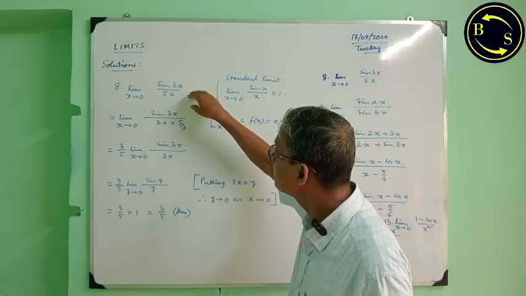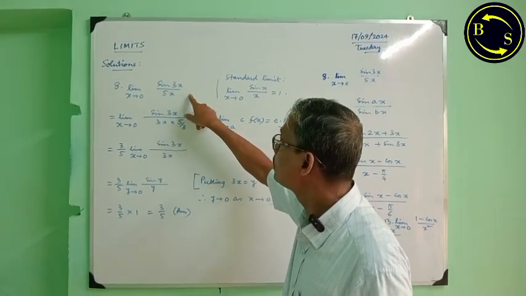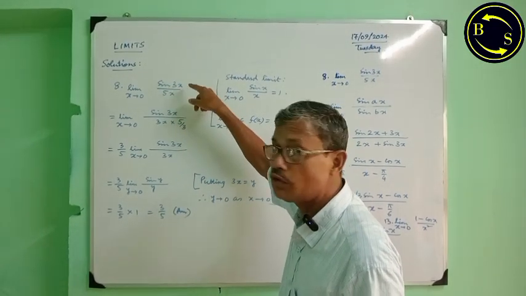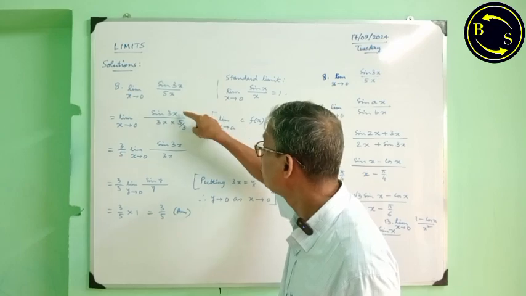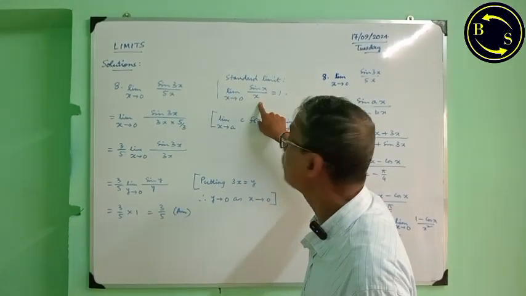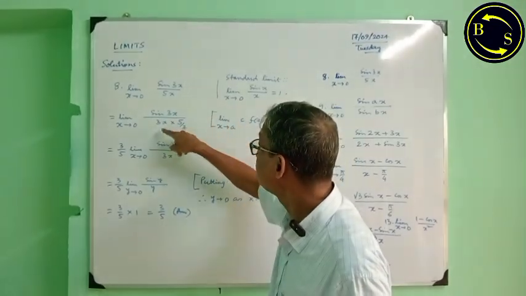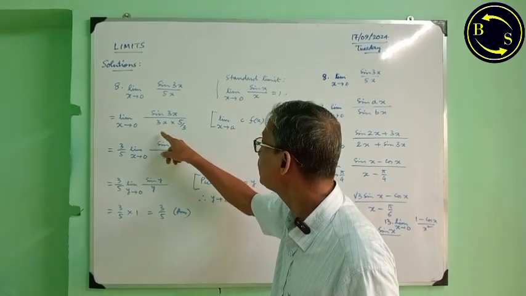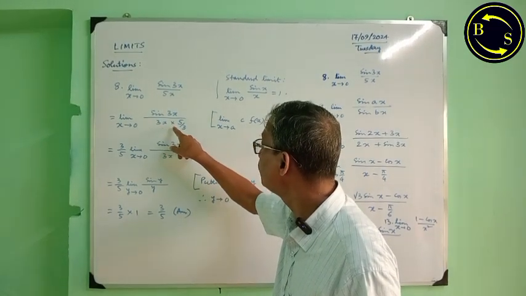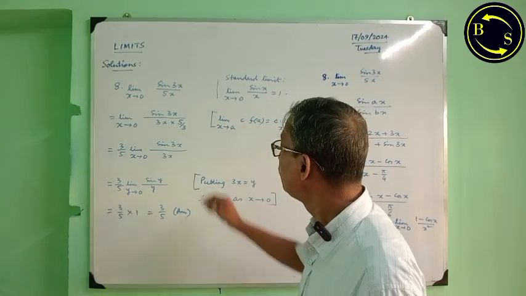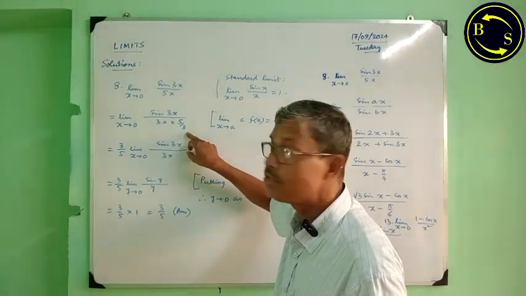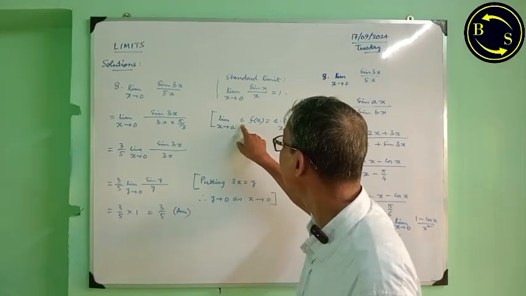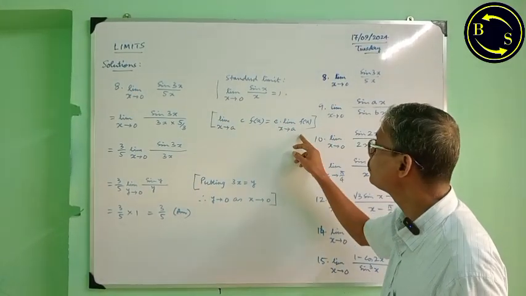Let me discuss different steps. Original one is this one. Now we see the angle of the trigonometrical ratio here. Sine is 3x. To get this standard limit, we have to get here at the denominator 3x. That is why I have written 5x as the product of 3x and 5 by 3. Now 5 by 3 at the denominator, that means the value is 3 by 5. That is constant one, and we have to use here this theorem.